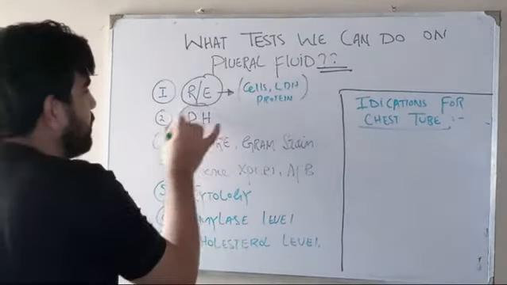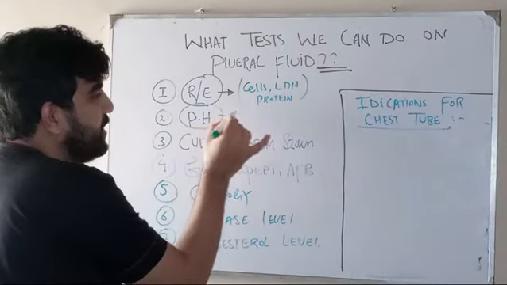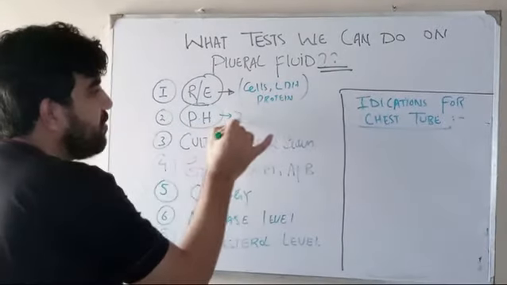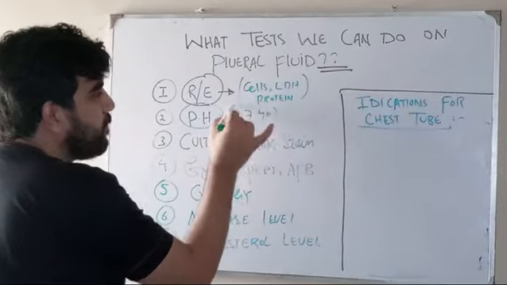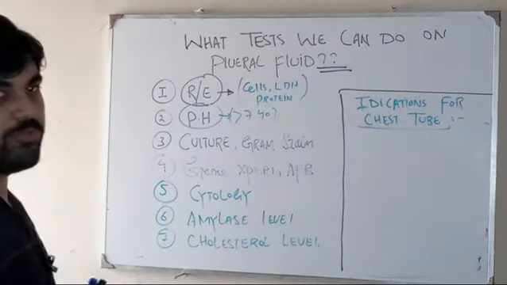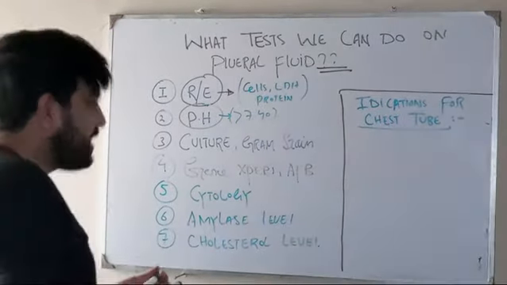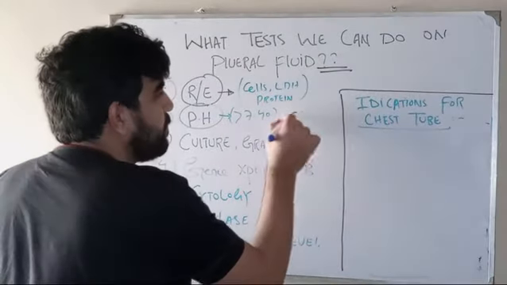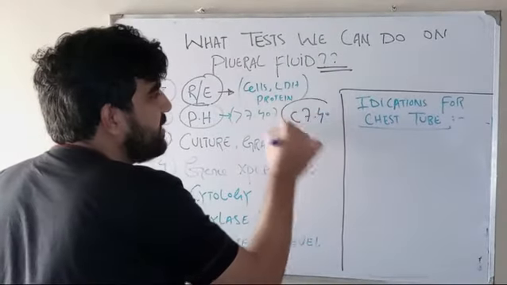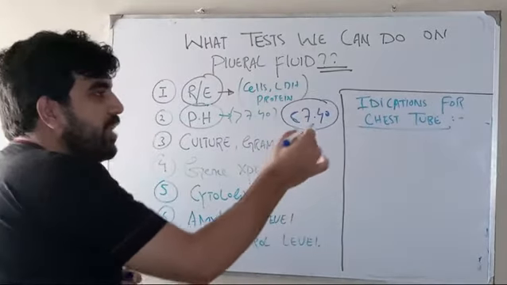Now the pH. Normal pH of the pleural fluid is more than 7.40. If it is less than 7.40 and there is exudative effusion, think about empyema.